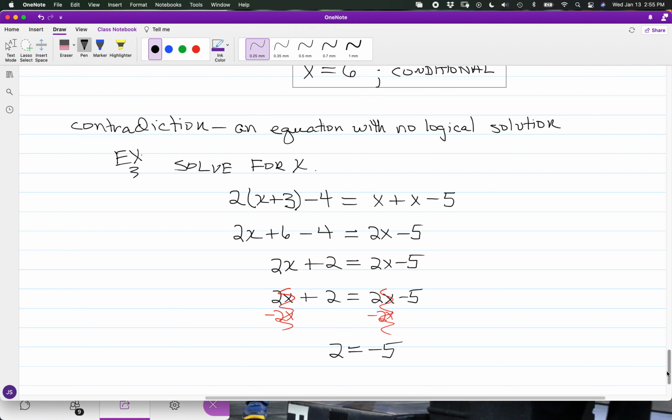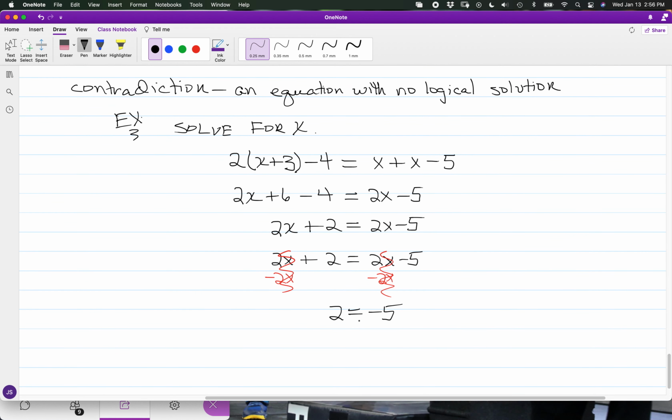when in fact they are not. So there's nothing in x that we can do to rectify the situation. We did the correct algebra, and the variable terms wound up canceling each other out, and left standing are numbers said to be equal to each other when in fact they are not.